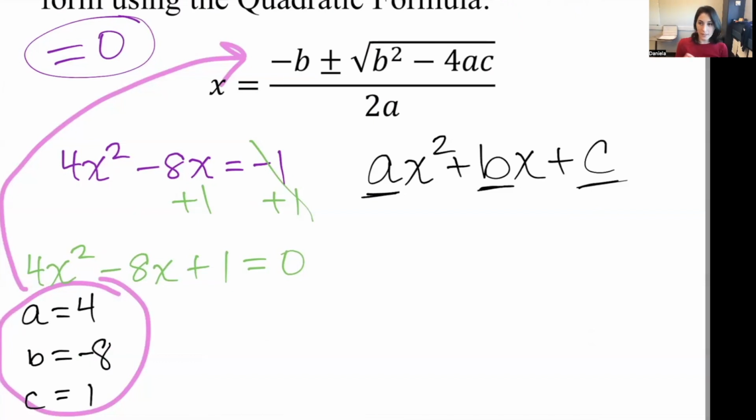If I substitute -8 in the B spot, that's actually saying -(-8), and when you have two minuses next to each other, it makes it positive. So when you see the -b, just do the opposite sign. So that should be +8 plus or minus the square root. All of it is under the square root.